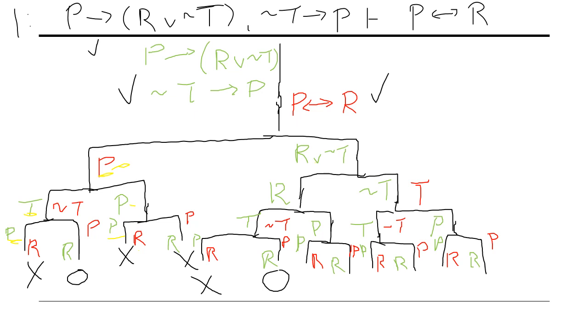We got red R, green P, green R. So we got those two that match. So that one's closed. Let's see. Got a green R, red P, green P. Right there, so that one closes.